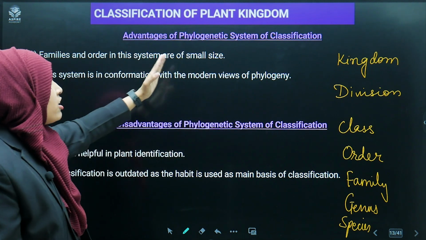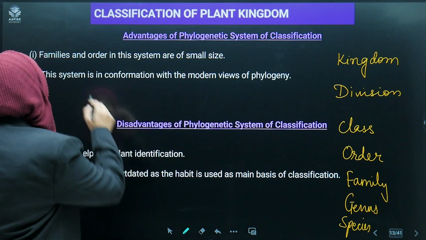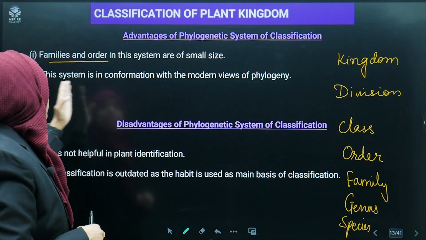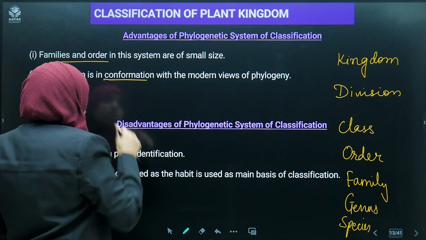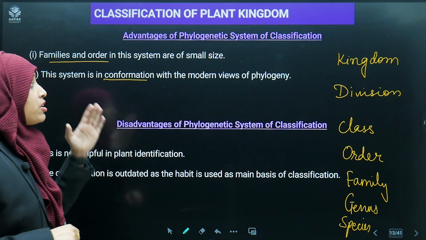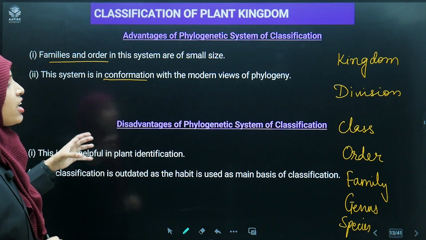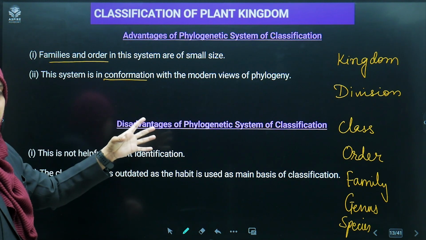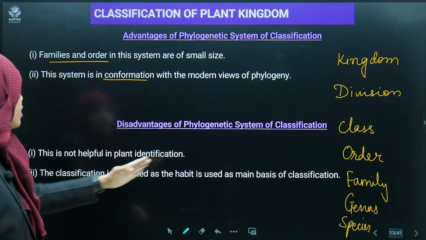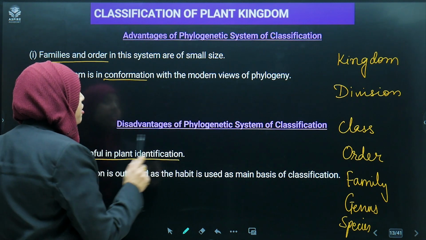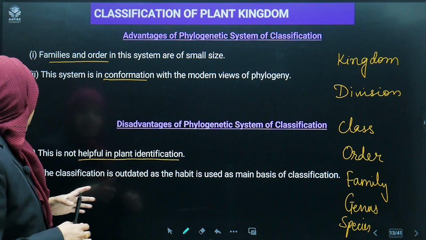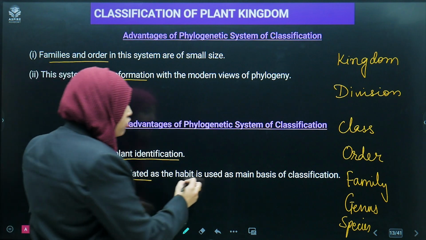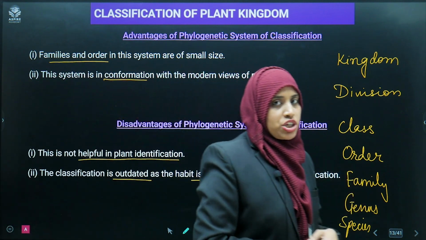Okay, so the advantage of this phylogenetic classification में क्या आता है? Families and orders in this system are of small size. Okay, and this system is in conformity with the modern view of phylogeny. ठीक है, advantage था कि ये modern system of classification को लेके views में रख के ही ये classification system was given. Disadvantages भी थे that this was not helpful in plant identification. This classification is outdated as the habit is used as the main basis of classification.